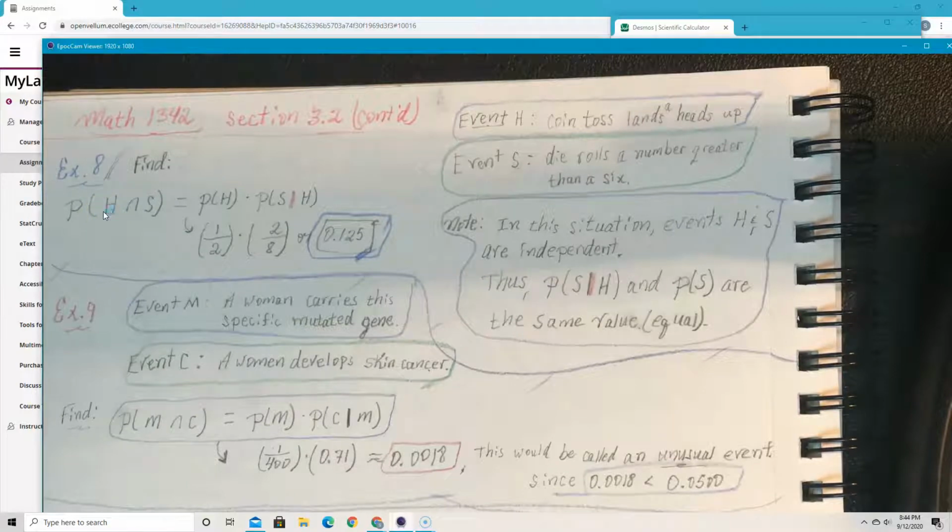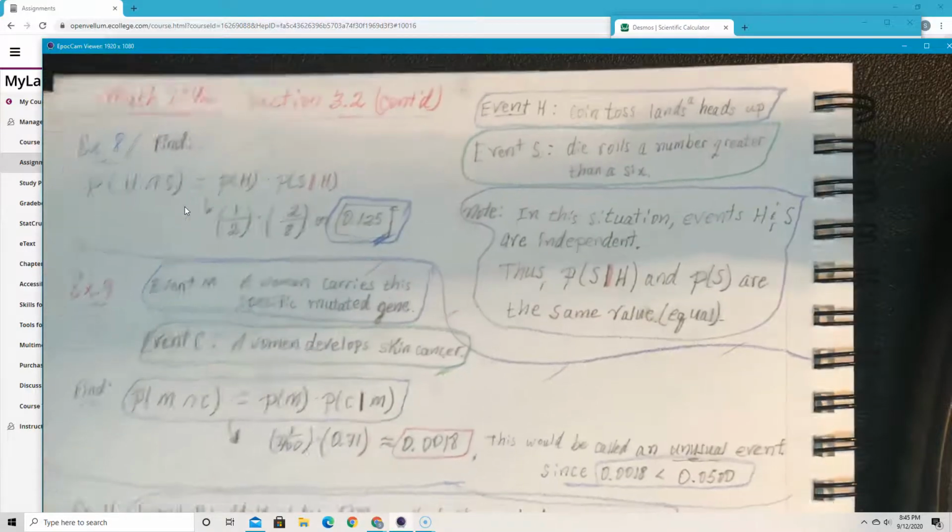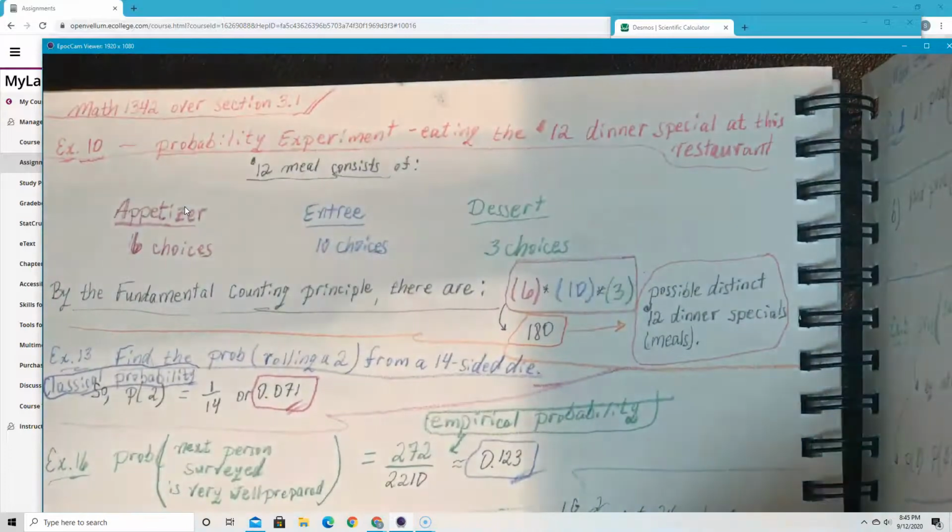The coin toss lands heads up, and you roll the 8-sided die and a number greater than 6 lands face up. S. What do we know? The probability of an event and a second event occurring. What is it equal to by the probability formula? So remember, we just talked about that.